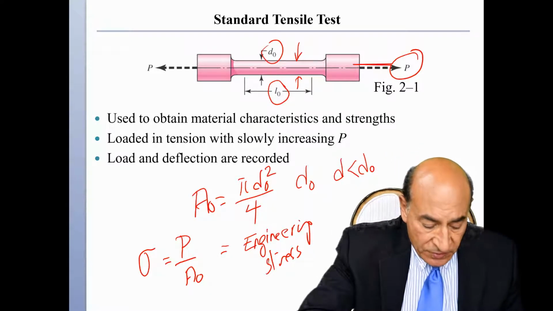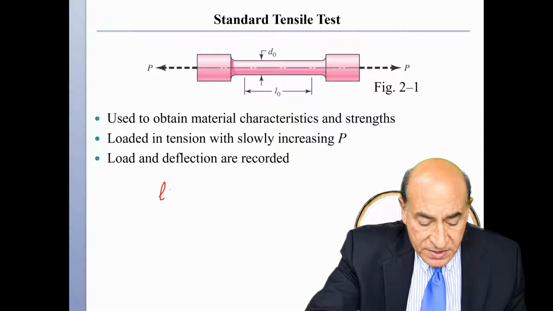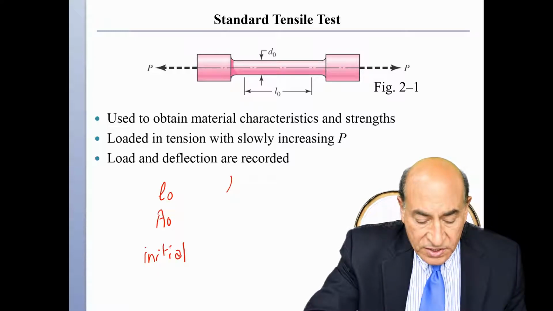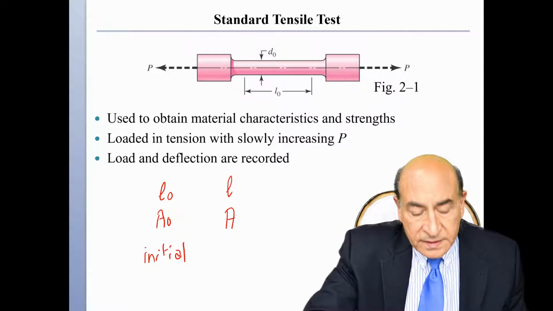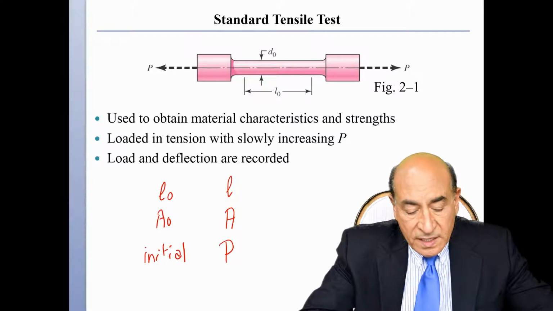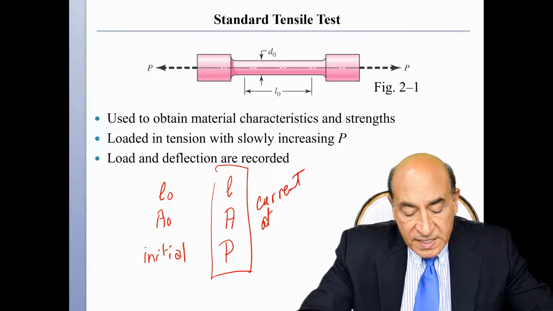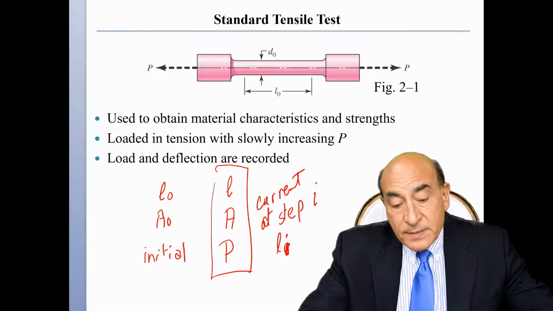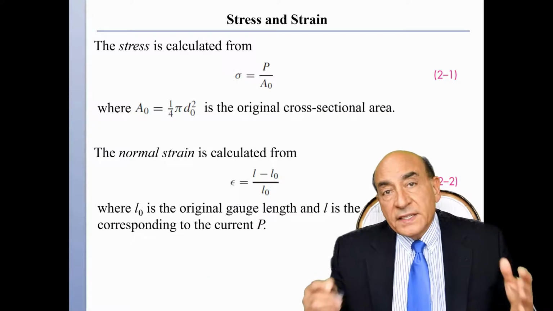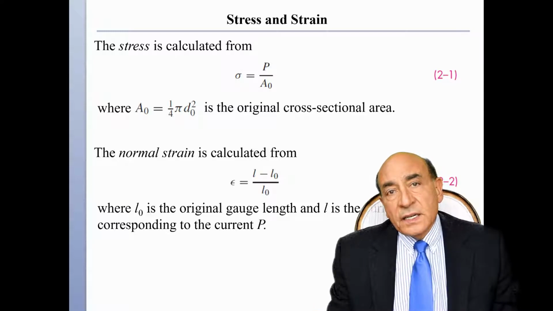Initially we have L0 and A0, so these are the initial dimensions, and at any current step I have L and A, at any particular load P. So we can say Li is the length at step i of loading, and Ai is the area at that particular loading step.